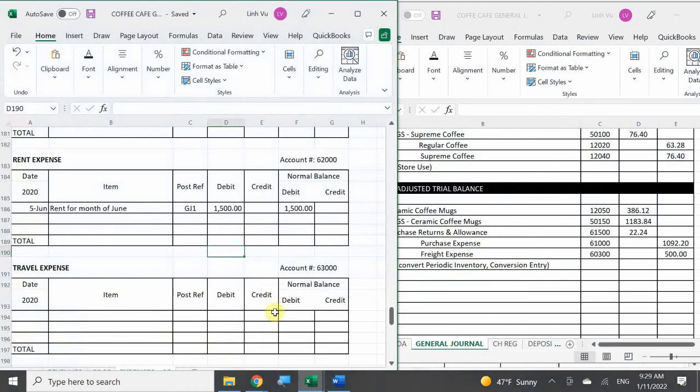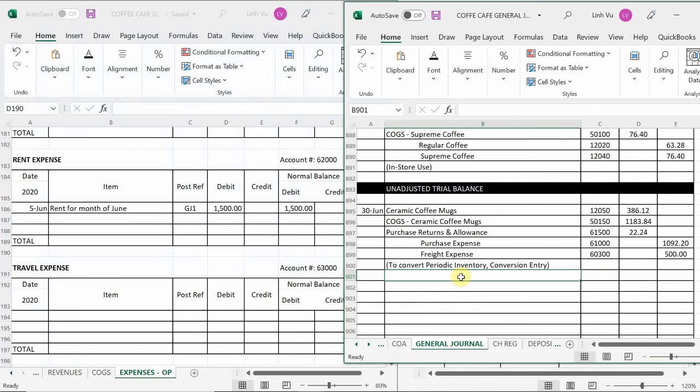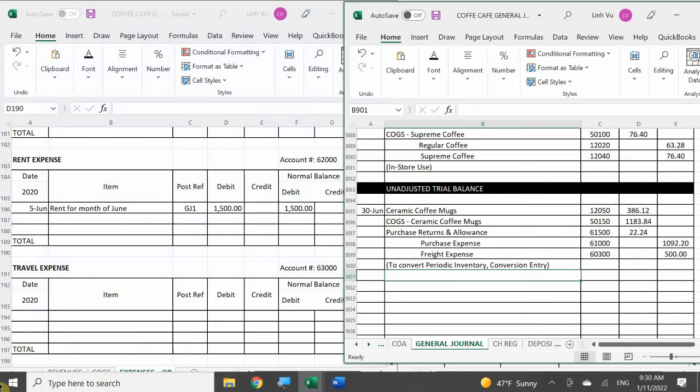Okay. So now that I have my journal entry here, I need to update my ledger accounts, starting with the first one, inventory.